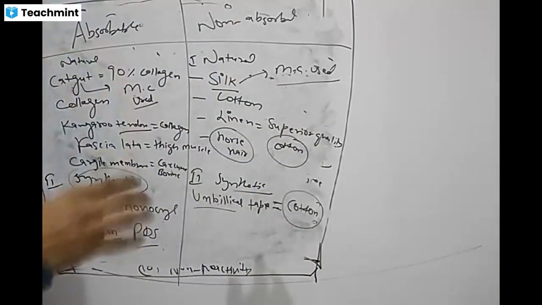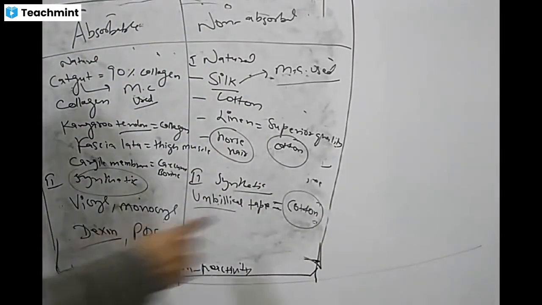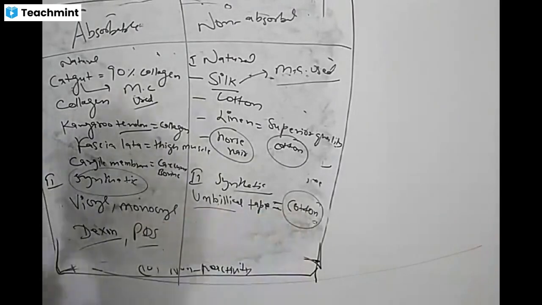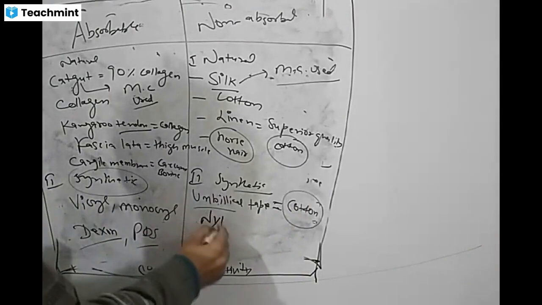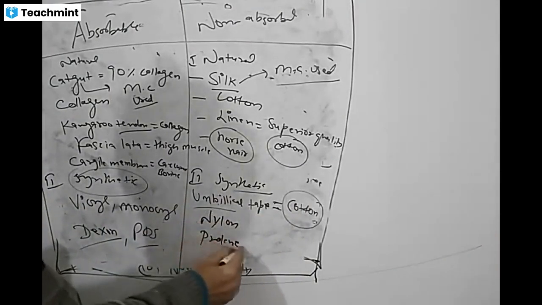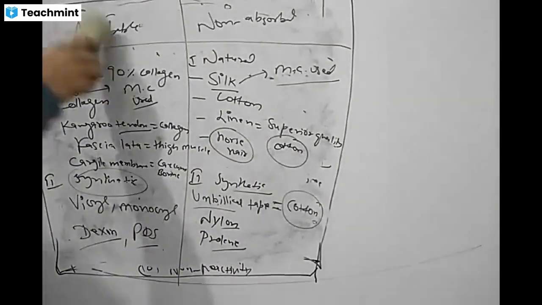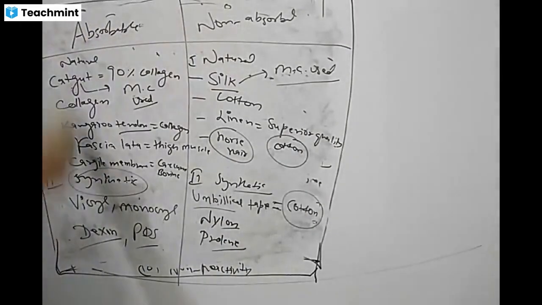But its use is to tie the umbilical cord in a newly born calf. Next, here non-absorbable nylon, then Prolene and Mersilene. So these are absorbable and non-absorbable, divided into natural and synthetic.